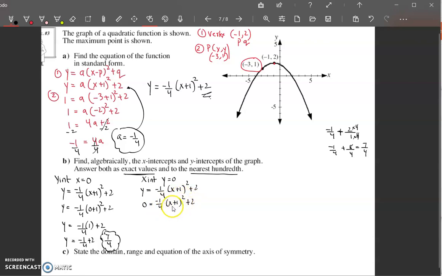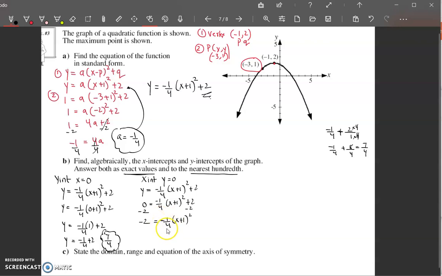So the first thing that would happen is that we will take our 2 to the other side by subtracting it. So we end up getting negative 2 is equal to negative 1/4 (x plus 1) squared.